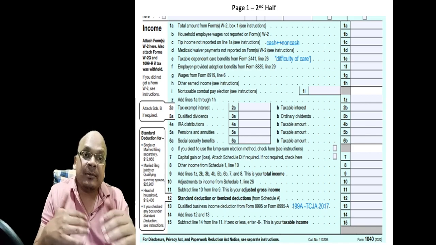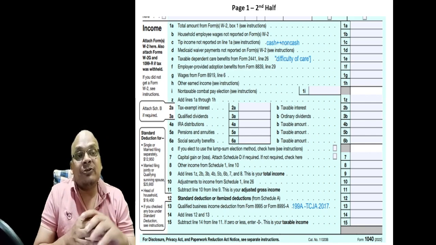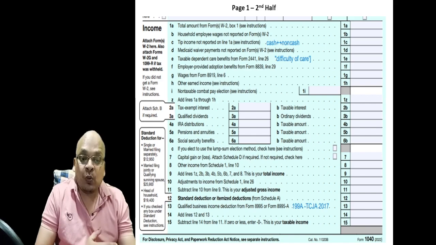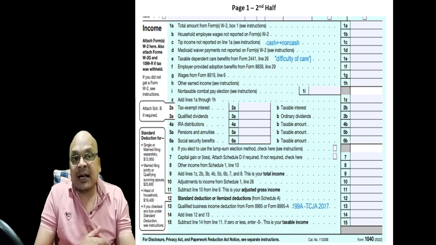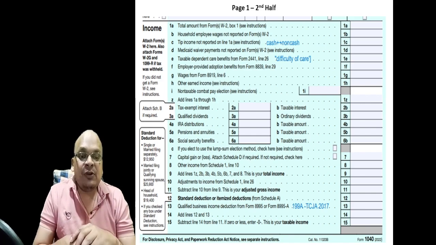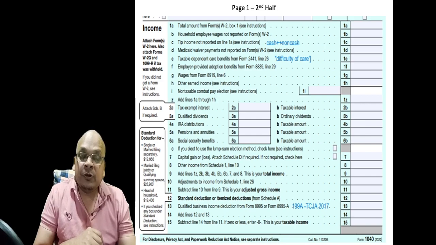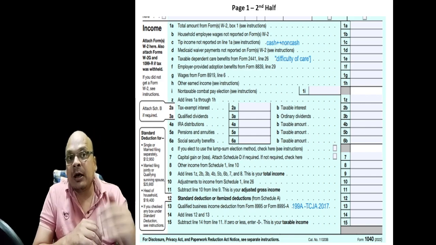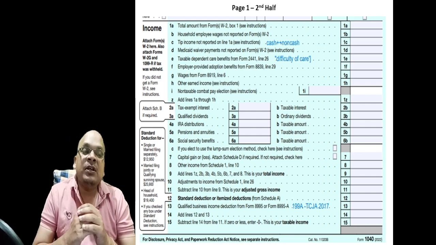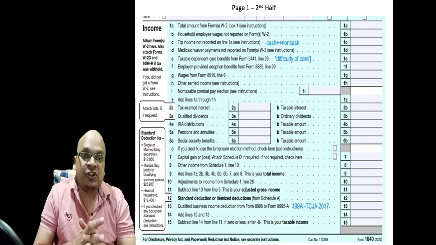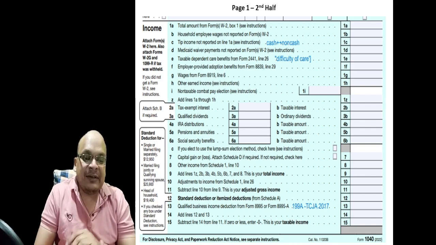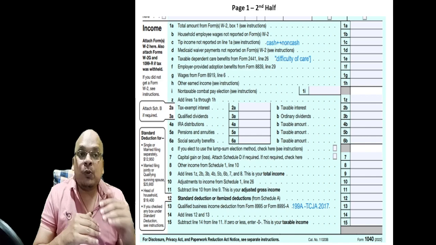We just discussed in the above slides that there are certain incomes mentioned in Schedule 1, Part 1, so the total of those other incomes is mentioned here. Then you have line number 10, adjustments to income from Schedule 1, where Schedule 1 Part 2 will have the adjustments, or the deductions above the line. And then at line 11, you have adjusted gross income, the AGI from the start of the show, right?